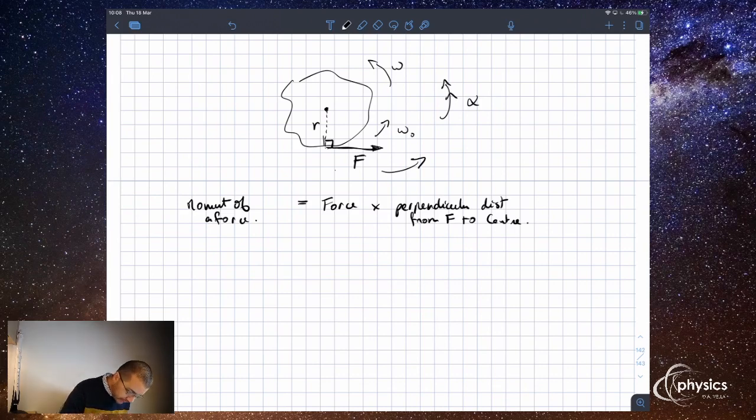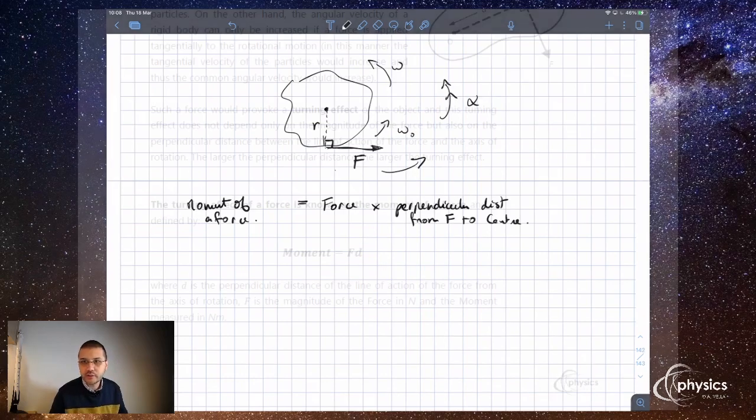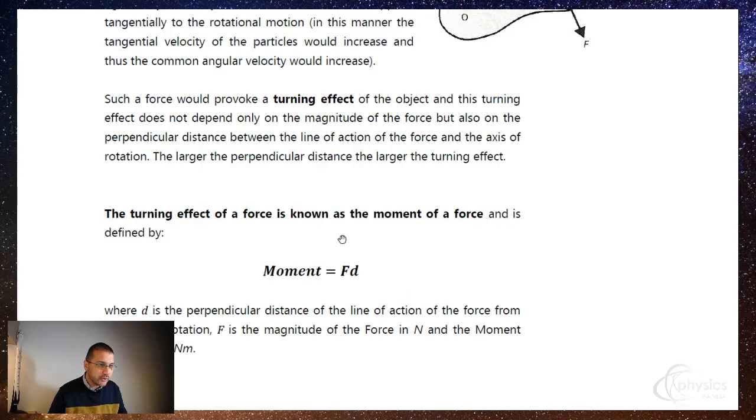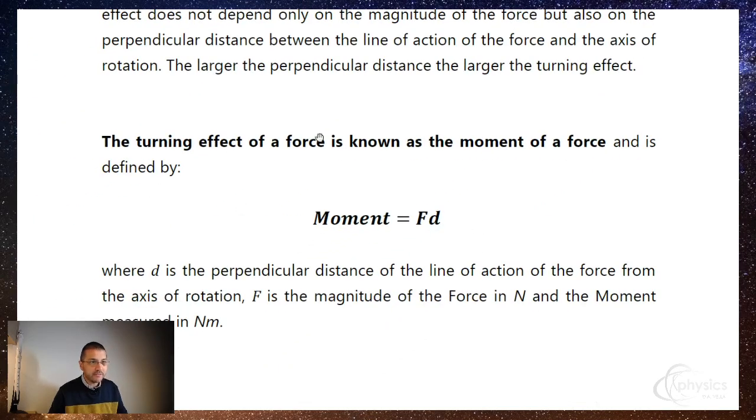So, the definition of moment of a force. I will show you the PDF, the notes. The turning effect of a force is known as the moment of a force. So, the definition of moment of a force is the turning effect of a force.